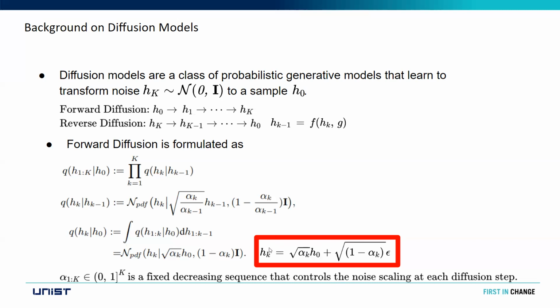This formula basically adds noise to H0, which is the denoised sample that has no noise, and this alpha k is a fixed decreasing sequence that controls the noise scaling at each diffusion step.